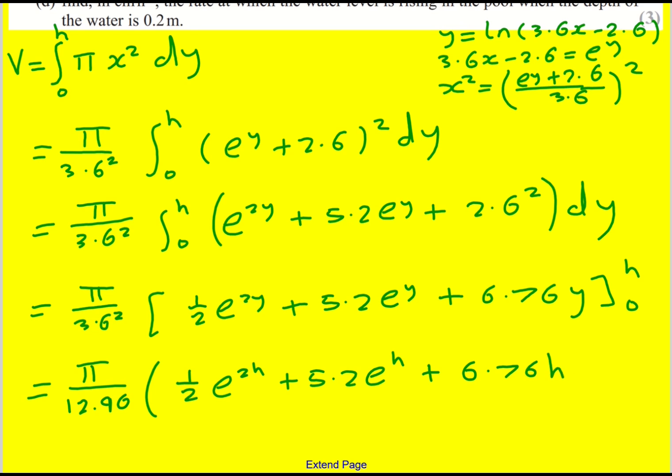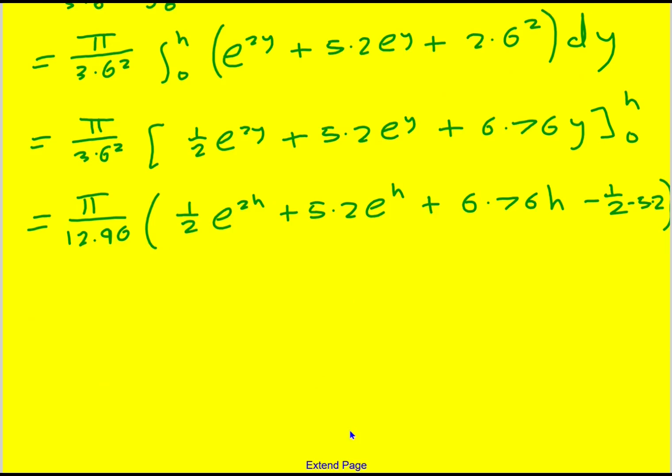And then I just need to also put 0 in and subtract. So I'm going to be minusing a half, because it's a half times e to the 0. And I'm also going to be minusing 5.2. And then that 6.76y becomes 0.